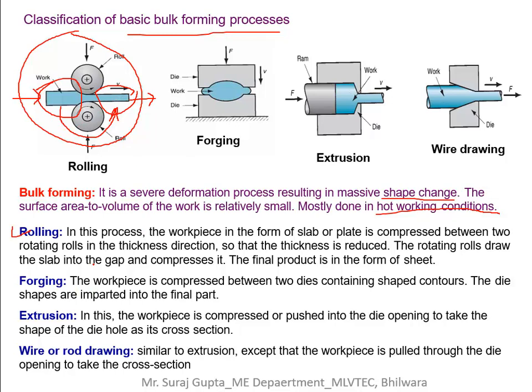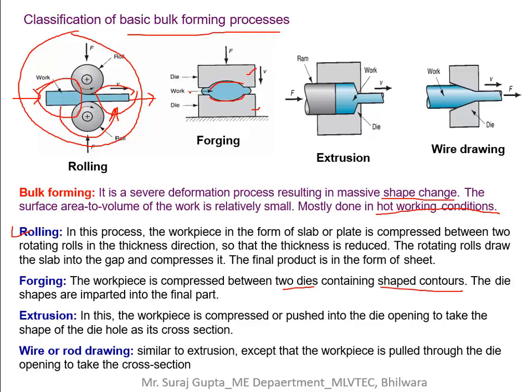Forging. What is forging? In forging, the workpiece is compressed between two dies. We can see there are two dies, this one and this one, containing shape contours. The contours will be the inverted shape of the product.